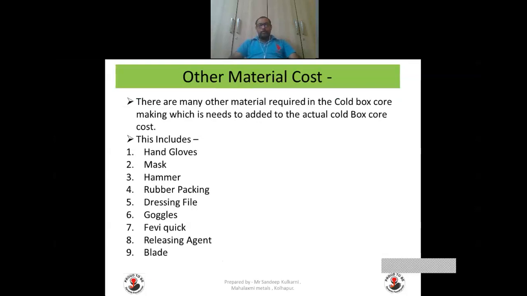Other material costs. There are many other materials required in ColdBox core making which need to be added in the actual ColdBox core cost. These include hand gloves, mask, hammer, rubber packing, dressing file, goggles, Feviquick, releasing agent, and blade.